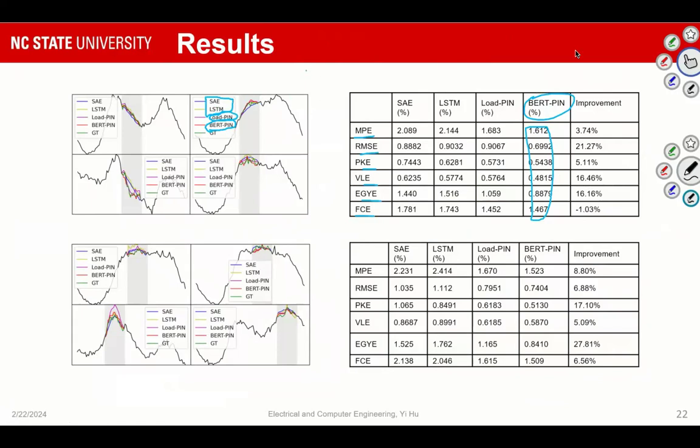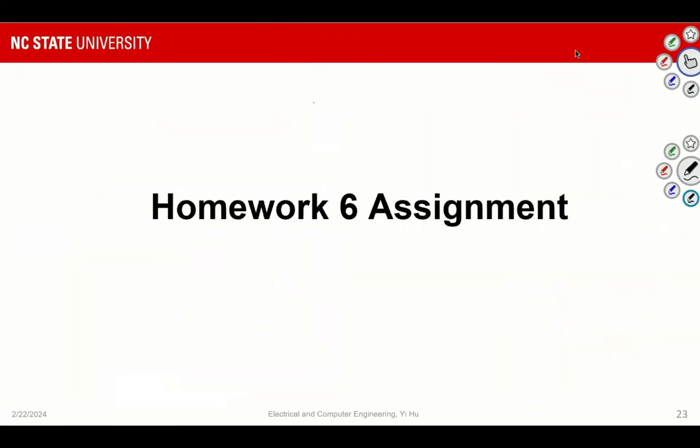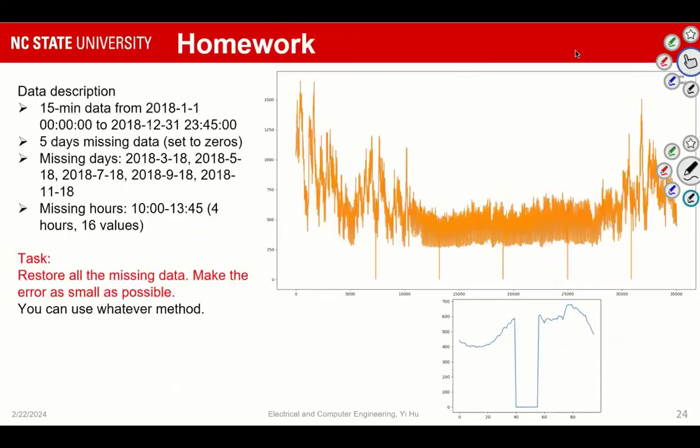And then we go into the part you may be most interested in. Homework, right? I have talked a little bit about it in my presentation. The task is pretty simple. You are given a yearly profile.